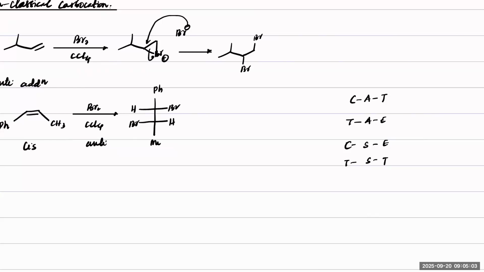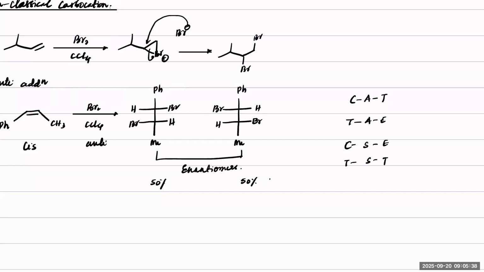Now, if you notice, the same compound can be formed in the opposite direction. That means we can have both Br on the opposite direction here like this, Br and Br here with H and H here. These two will be a pair of enantiomers, and both will be 50-50% each, because the chances are equal, and this is called a racemic mixture.